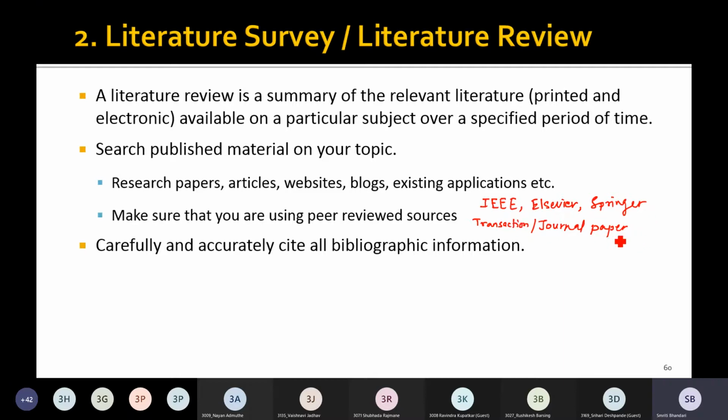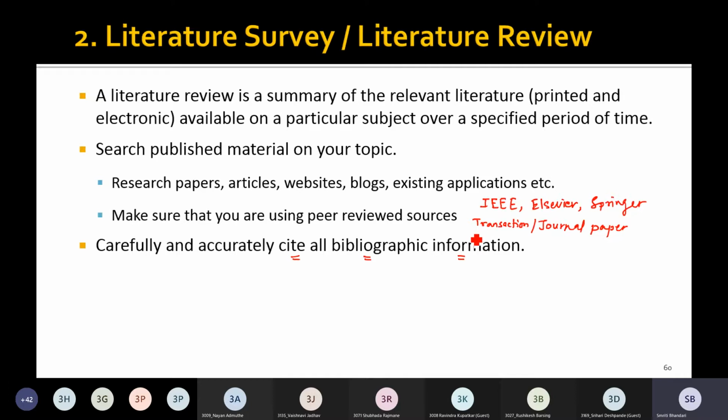So these papers can provide us lots of insights as far as our implementation is concerned. Okay, so refer to such kinds of papers. Then whenever we are referring to the material that is available, we should make sure that we are citing all the information, the bibliographic information.